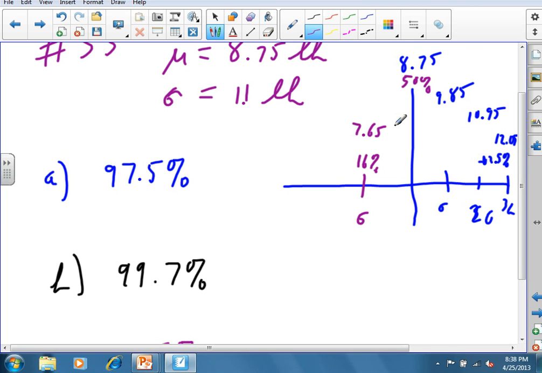She's in the 25th percentile estimated weight. So obviously she's between 7.65 and 8.75.